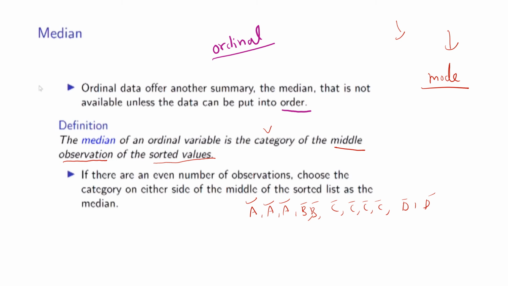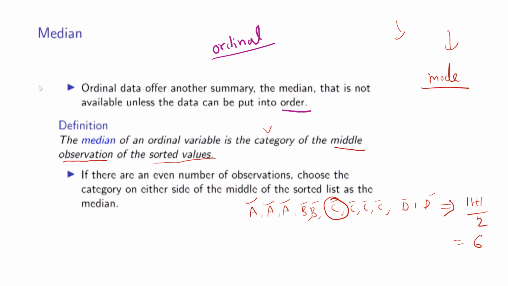The total number of observations is 11, so finding the middle value here is very easy. 11 plus 1 divided by 2 is 6. So the median is the 6th observation: 1, 2, 3, 4, 5, 6. This is the median of this data.